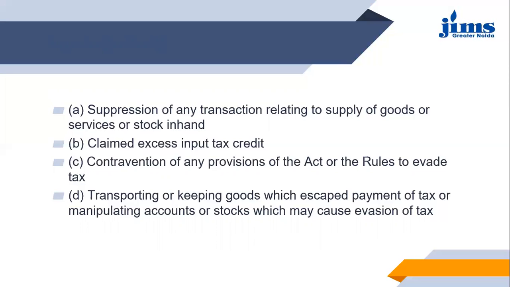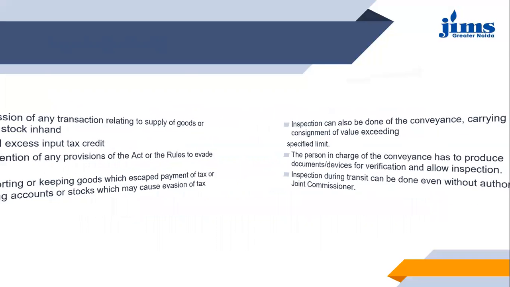Under such situations, it will result in tax evasion, and thus the inspection can proceed. Or if any manipulation in accounts or stock has been done, in that case also the GST is assumed to be not paid or evaded, and the inspection can follow.